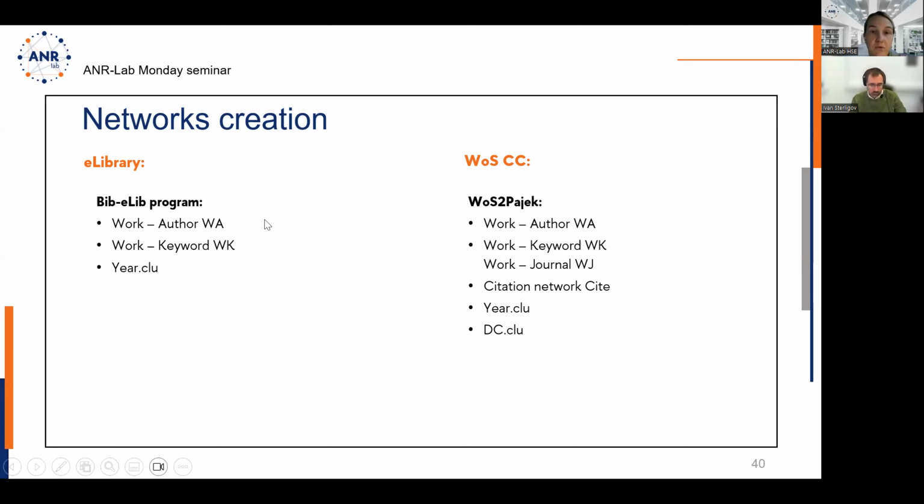And then we used the same idea for this BPLIP program. So we constructed the networks of works and authors and works and keywords because we needed them for analysis, and also the information on when the publication was published. And of course, this approach proposed by Web of Science, or the WOS to PAEC program, is much faster.